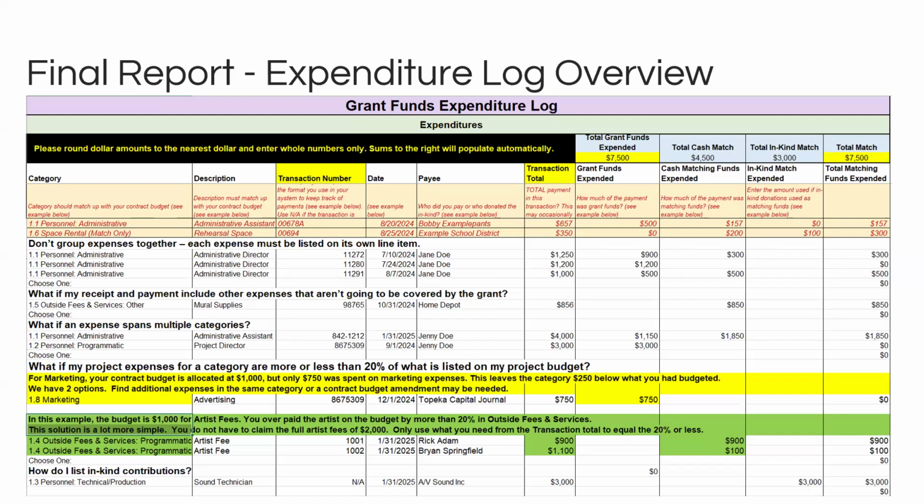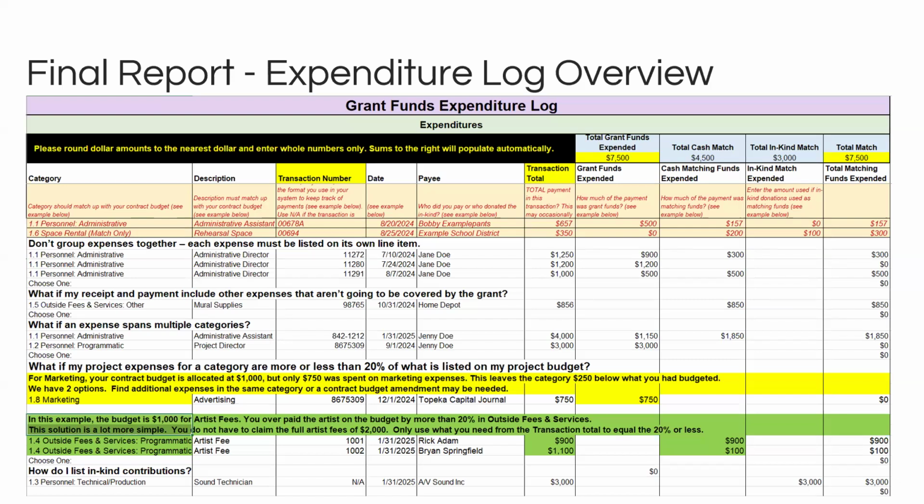So, for example, if your grant award was $7,500, but your entire project budget cost $40,000, you don't list a full $40,000 worth of expenses on this log. You would just show how you spent the $7,500 in KAC grant funds and the $7,500 in matching funds. And that can again be a combo of cash and in kind, depending on what was in your project budget.